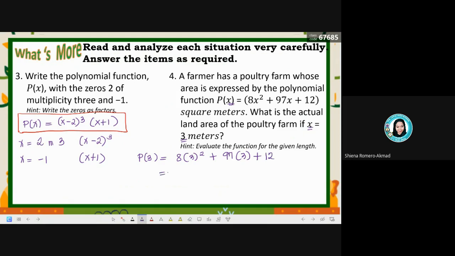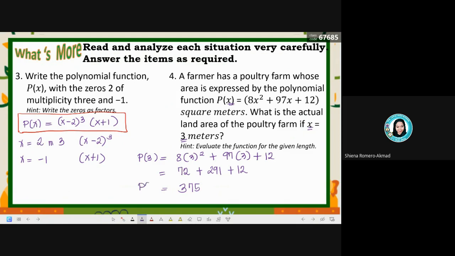So, 3 square is 9. So, 8 times 9 is 72 plus 97 times 3 is 291 plus 12. So, i-add lang natin sila. 291 plus 72 plus 12. That is 375.